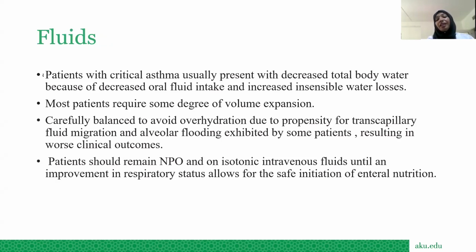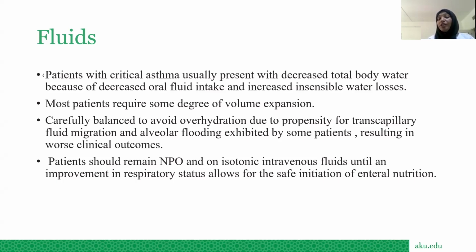A patient with critical asthma is usually tachypneic. There is increased insensible water loss and decreased oral intake in this patient. So they are generally regarded as volume depleted. So we should do some degree of volume expansion for all the patients, but always maintain a careful balance to avoid overhydration.